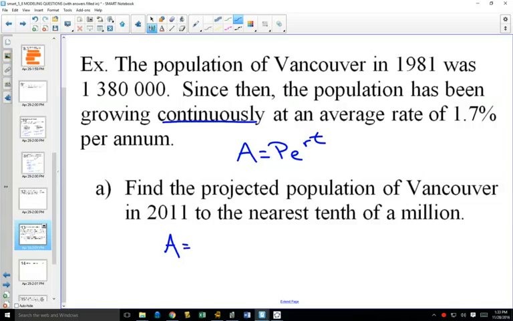The original amount in 1981 is 1.38 million. The rate as a decimal is 0.017. And what am I going to plug in for my time here? 30, because from 1981 to 2011 is 30 years. Nothing complicated to solve here. We can just plug everything in exactly as we see it.